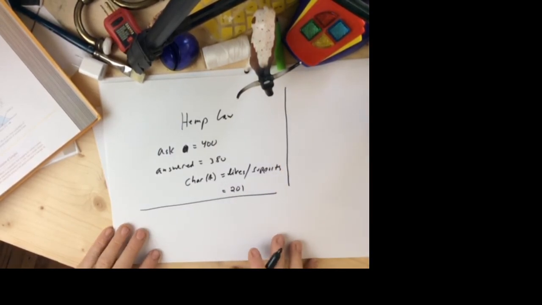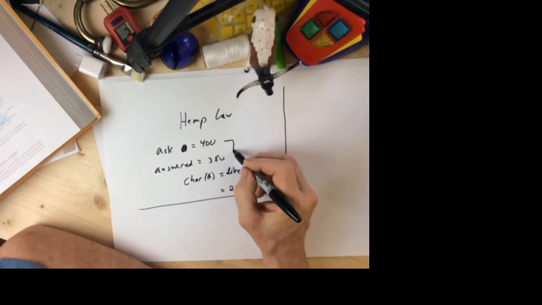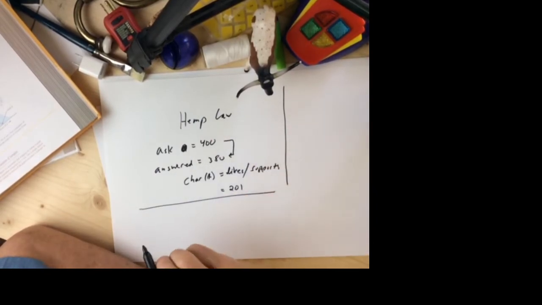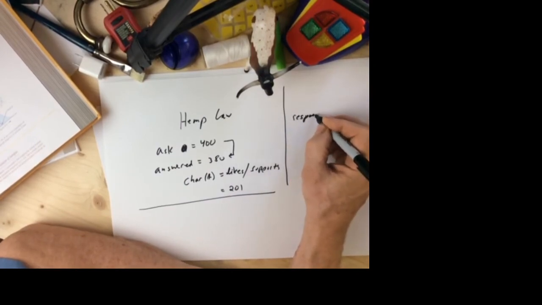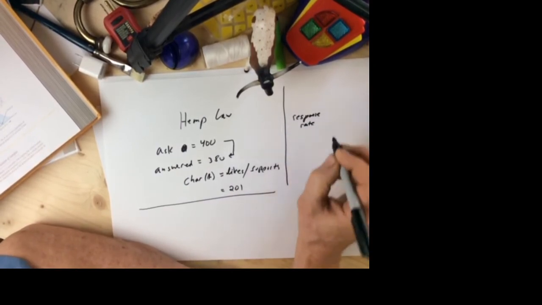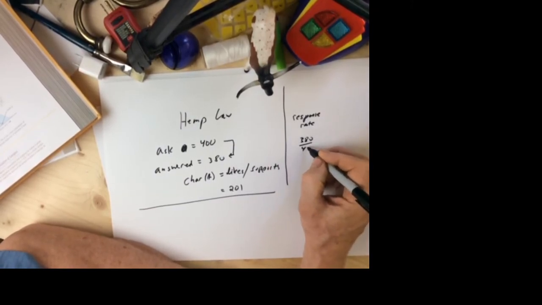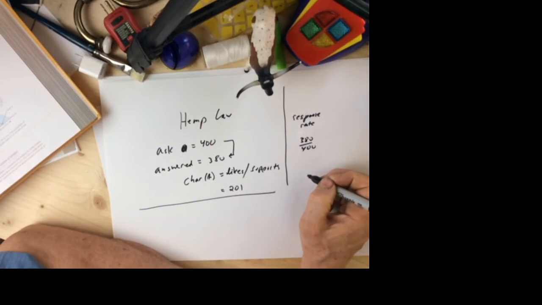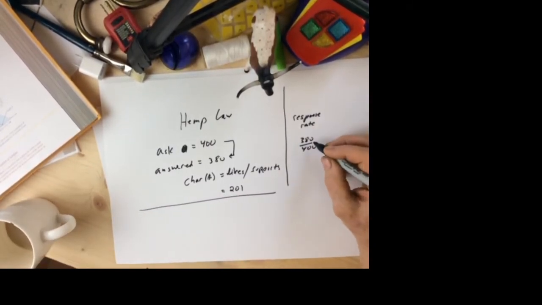Now, what are we going to do with this information? Well, first off, we should observe that not everyone answered. So we have something called the response rate. The response rate in this case is 380 out of 400. And let's get that value.